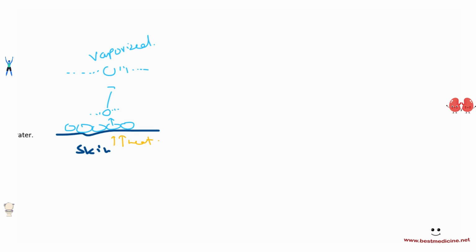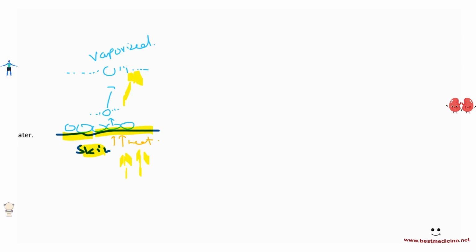Here on the screen, you can see the skin, and on top of the skin, there's some sweat. As these sweat molecules absorb more and more heat from the body, they're going to escape. They gain that kinetic energy, that thermal energy, and they escape, taking away that kinetic energy as they change their state.